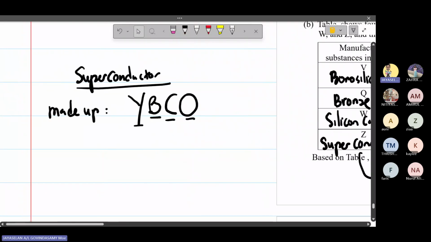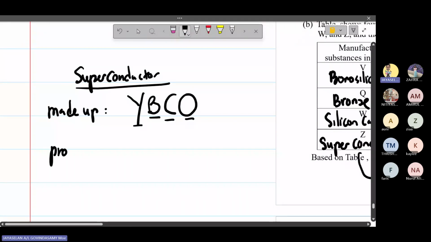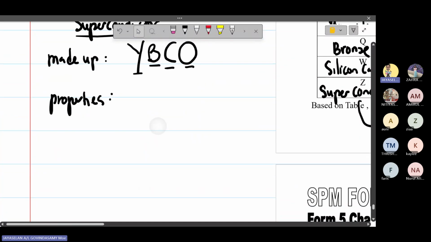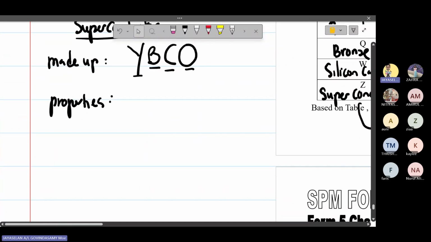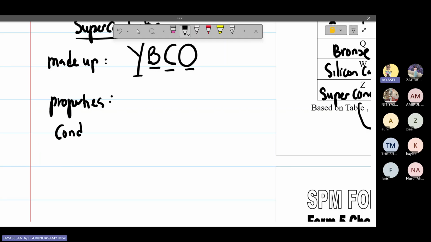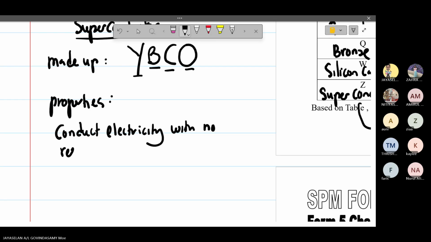Okay, understand? Now, what are the properties of superconductor? Please remember 2 properties. Conduct electricity with no resistance at very low temperature.